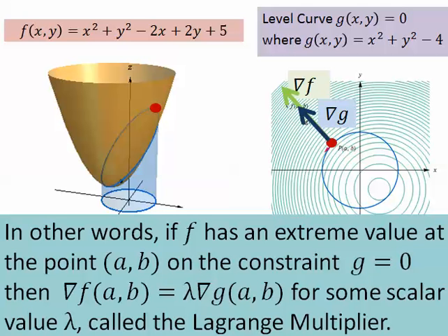In other words, if f has an extreme value at the point AB on the constraint g equals 0, then gradient f AB equals lambda gradient g AB for some scalar value lambda, which we call the Lagrange multiplier.